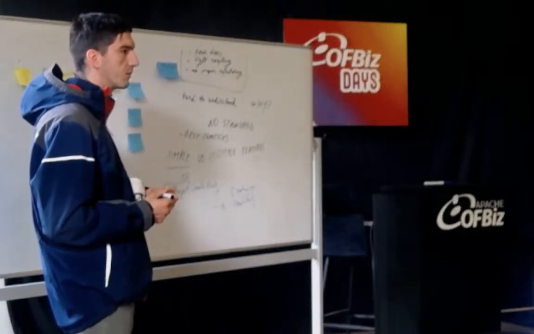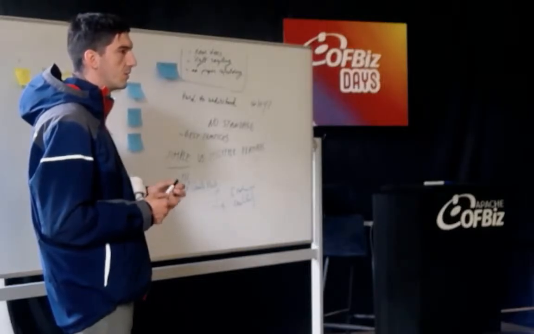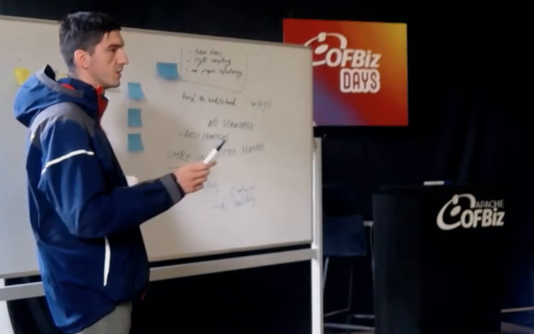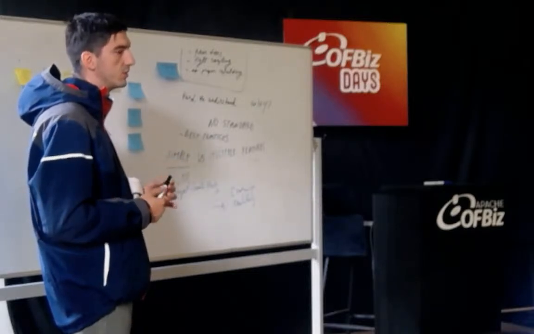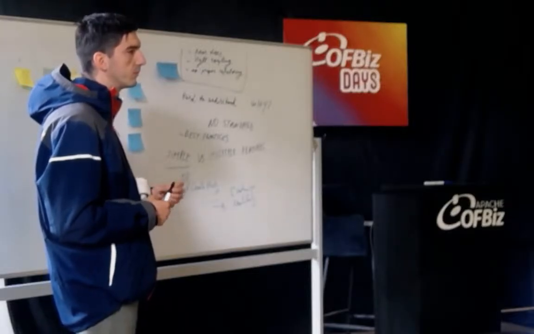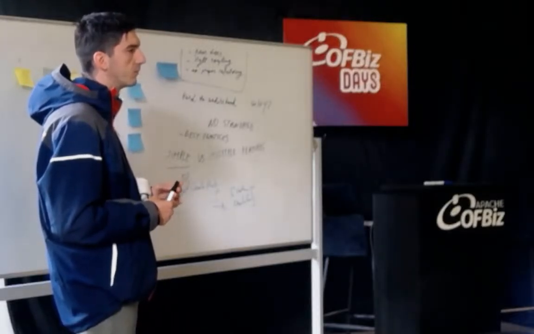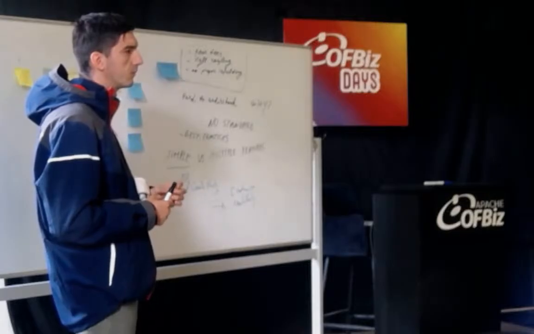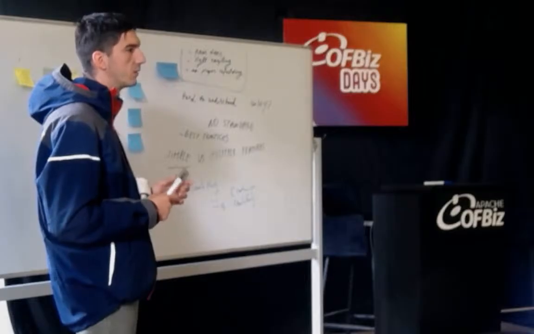We need somewhere, a place where somebody can know about it, where we keep these things. I don't know if on the wiki we have documentation on how to create your customized application. There is a tutorial for plugins, I think, to create a plugin. Yeah, there are some tutorials here.